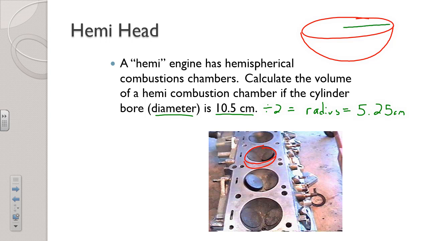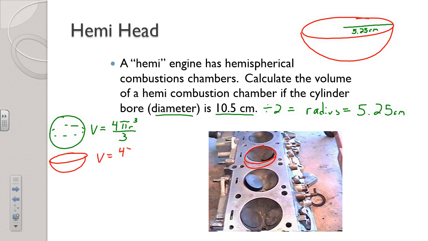And so that would be our dimension here. The volume of an entire sphere is 4 pi times the radius cubed divided by 3. But if we're only dealing with a hemisphere like we are here, our volume is going to be 4 pi r cubed over 3, but we're going to divide that by 2.